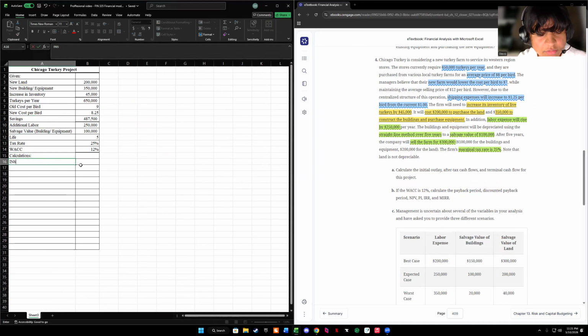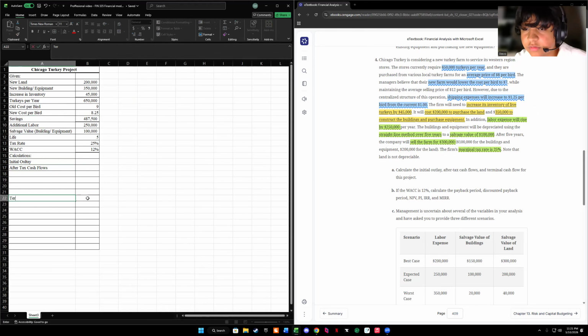So cash flow outlay, which is really just our year zero cash flow, and then we're going to do after-tax cash flows, so year 1, 2, 3, 4, 5.